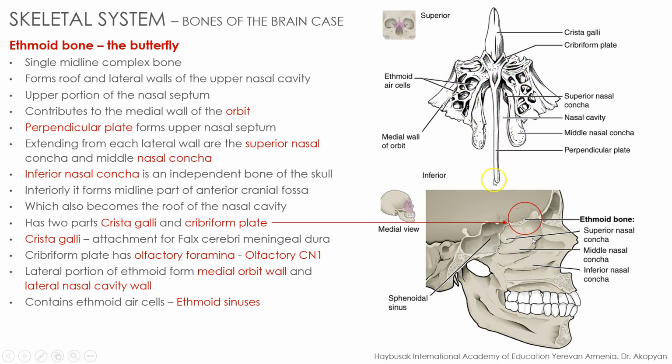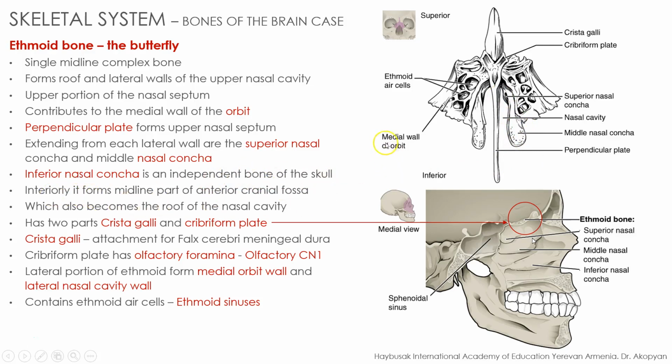The perpendicular plate extends downward to form the nasal septum with another bone, the vomer. Extending from each lateral wall are the superior and middle nasal conchae. As I mentioned earlier, the inferior nasal conchae is an independent bone.